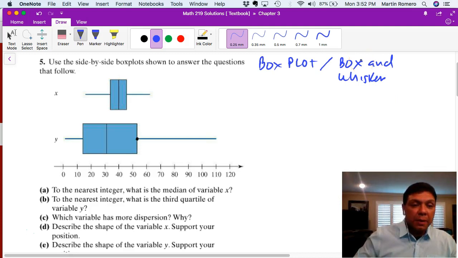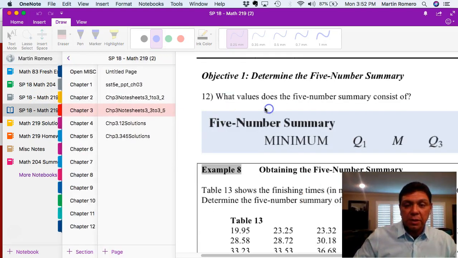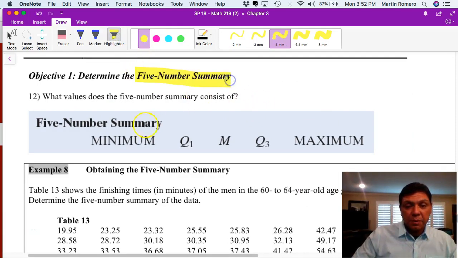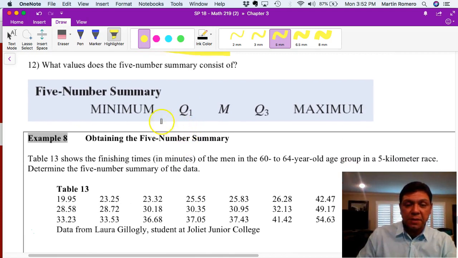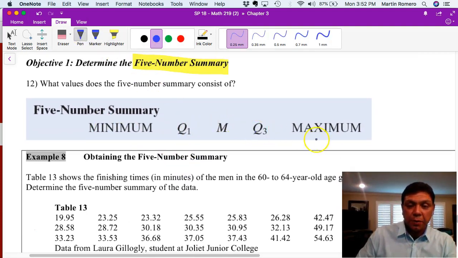And so just to remind you what I'm talking about from the lecture notes, a box plot is created via a 5-number summary, and that 5-number summary contains 5 numbers from some set of data, which are the minimum, Q1, the median, Q3, and maximum.